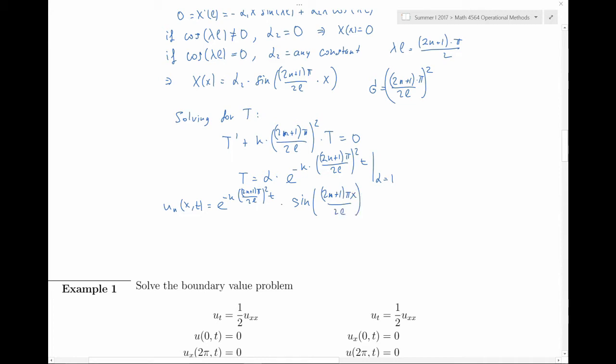And therefore, the original solution should be the summation. And this time n will go from 0 to infinity of Cn times this function.